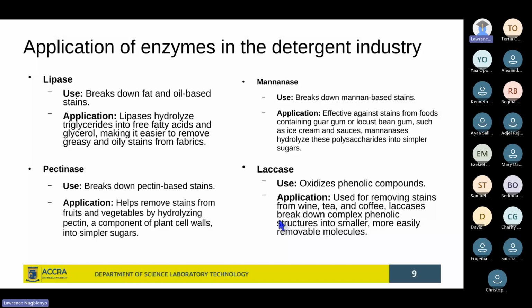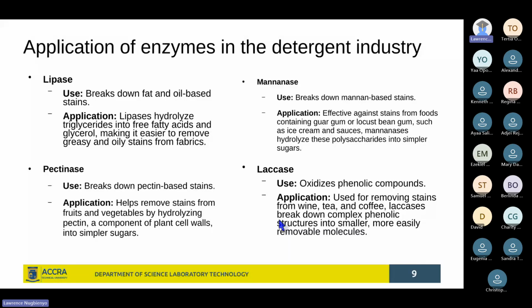But if you compare that to making use of an enzyme, lipase, it means that you don't need that high temperature to be able to remove the stain. It's a way of introducing some sustainability, an environmentally friendly process, because once you use an enzyme, you use lower temperatures and the stain will still be removed.